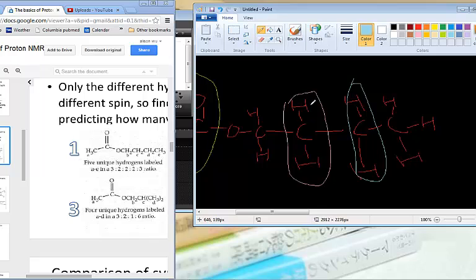If these 2 hydrogens look to the left, carbon with 2 hydrogens, look to the right, carbon with 2 hydrogens. Wait, I think I confused myself. So still different, because to the left it has 3 hydrogens, to the right it has 2 hydrogens. Okay, so that's it with that.